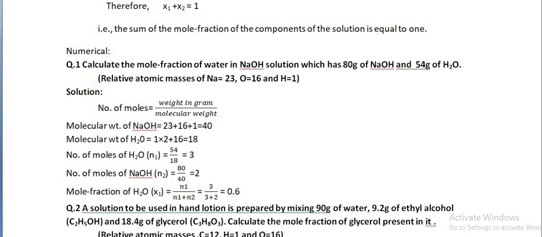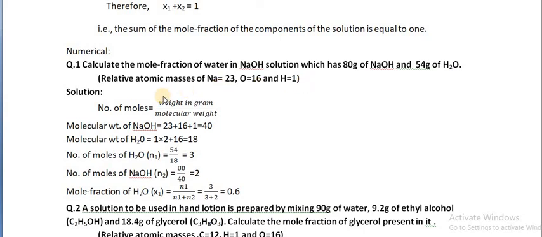Here we have a numerical based on the mole fraction. The question is, calculate the mole fraction of water in a sodium hydroxide solution which has 80 gram of sodium hydroxide and 54 gram of water. Relative atomic masses of sodium is 23, oxygen is 16 and hydrogen is 1.